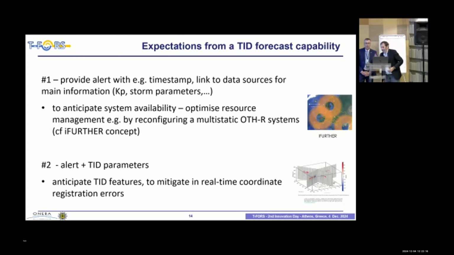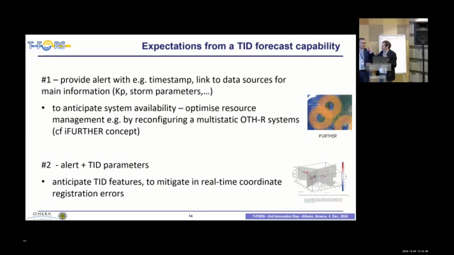Maybe one additional point that I forgot to mention on that side. Here we mentioned anticipating system availability. From our side, what we also expect to elaborate from this forecast capability is to see to what extent a system which will be not within the EU, for instance in Russia, would be able to detect our activity and monitor an area.